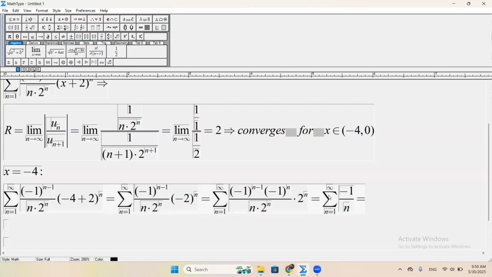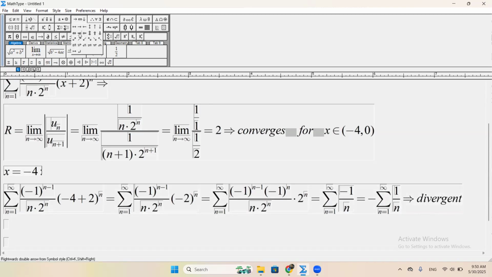And I will move the minus out of the sum. What can we say about such a series? This is a harmonic series that is always divergent. So at x equals -4, the power series diverges.